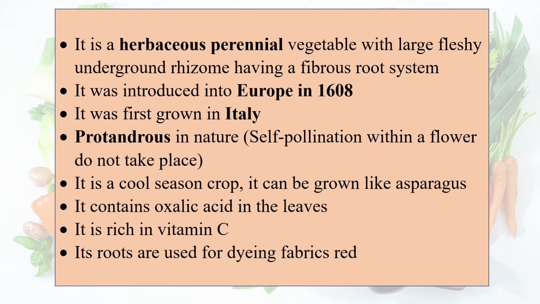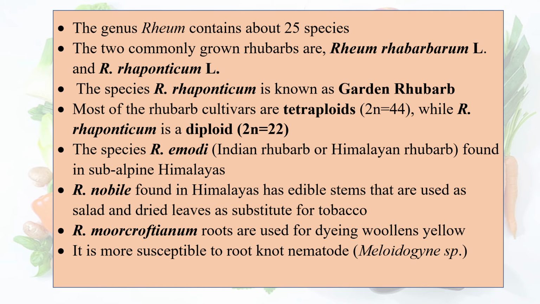It can be grown like asparagus. And some of the uses: it contains oxalic acid in the leaves, it is rich in vitamin C, the roots are used for dyeing fabrics red, and it is also used for sauces and pie preparation. Next, see, there are 25 species of genus Rheum.